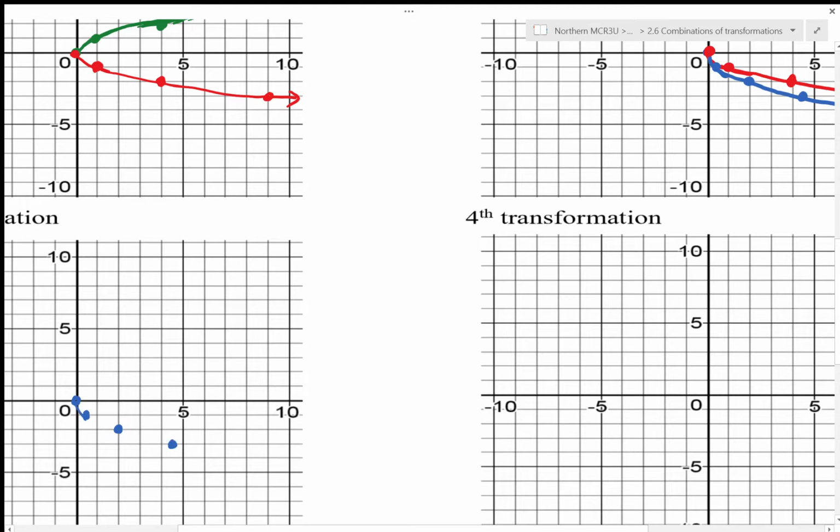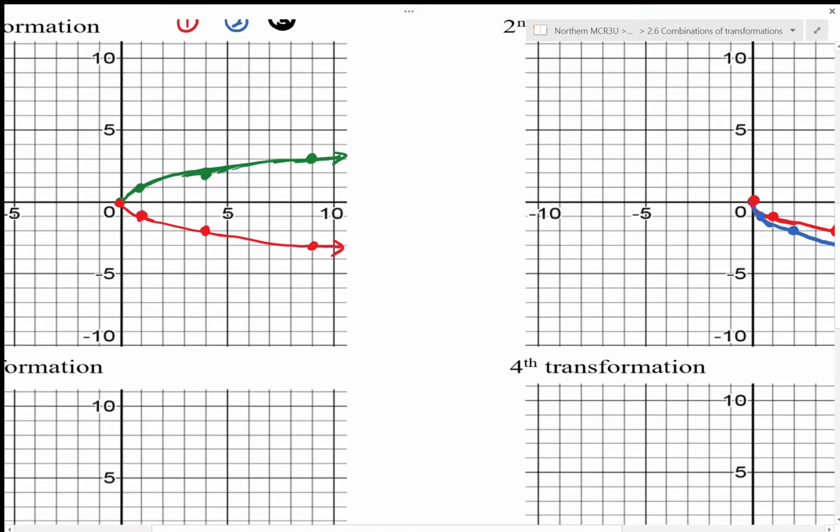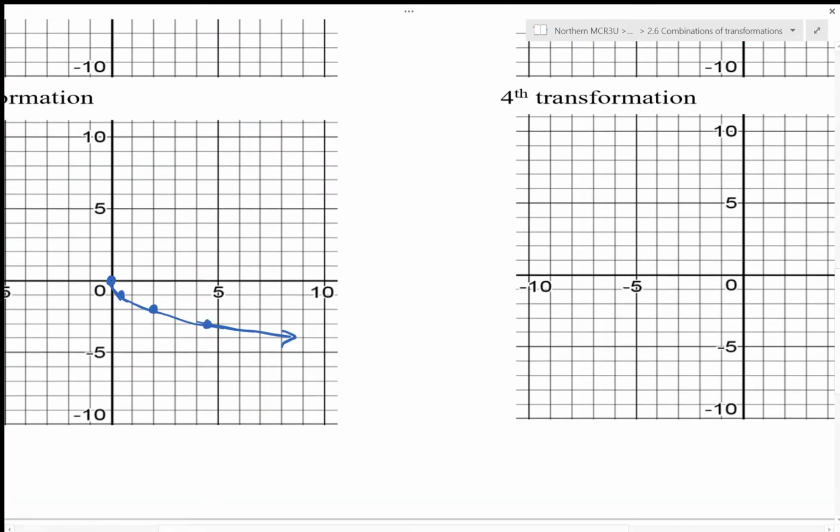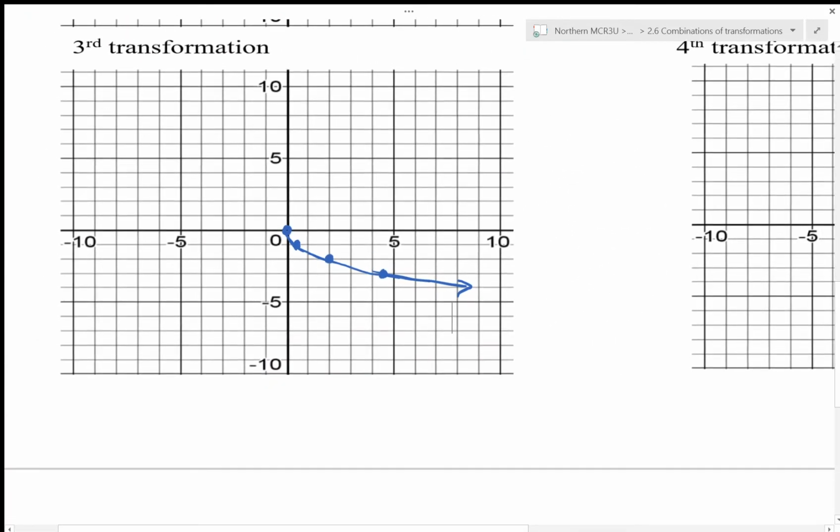So this is our second graph. Then our third graph will be moved to the left by 1, right? All the x values will be moved to the left by 1, whereas your y values will stay the same. So it will be here, here, 1 to the left, and then 1 to the left. So your graph actually looks like this.